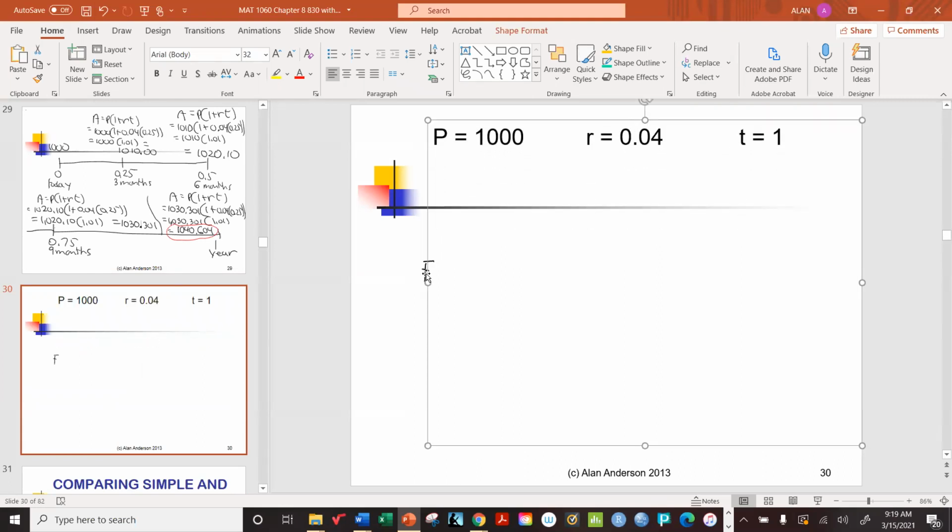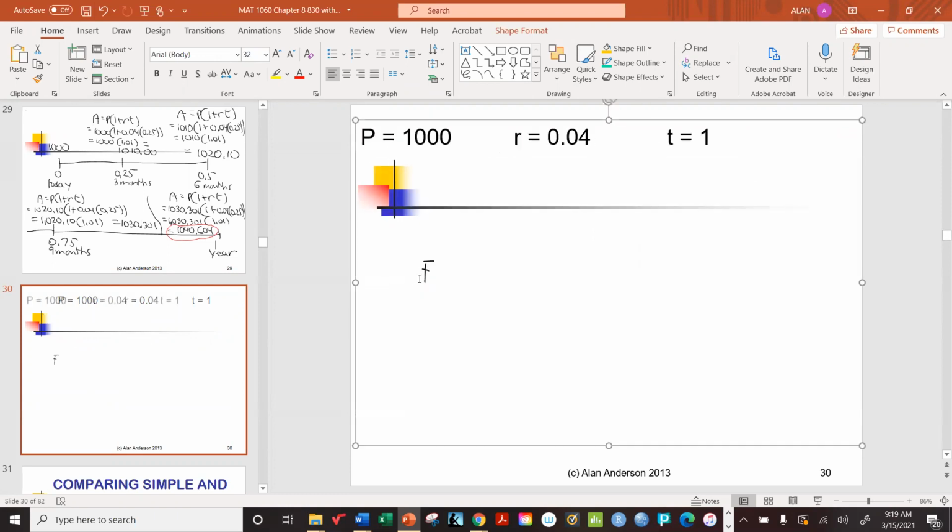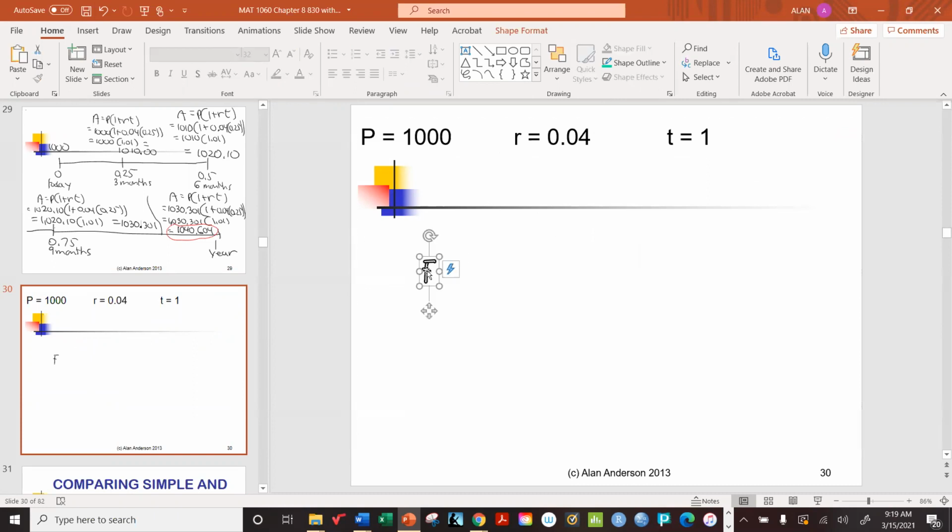All right, let's do this. I'm trying to figure out how to make this work. There's a lot to put in here. All right, this might work.